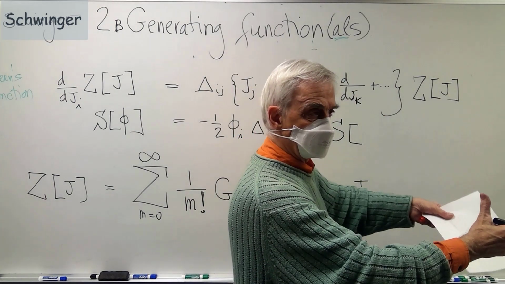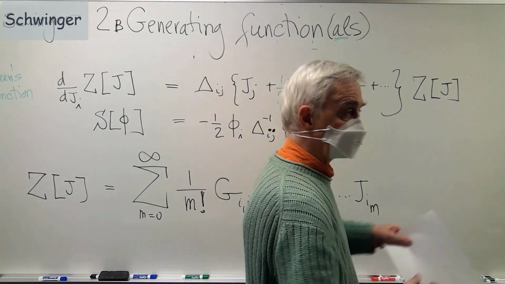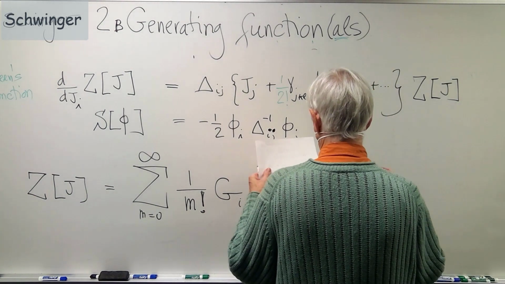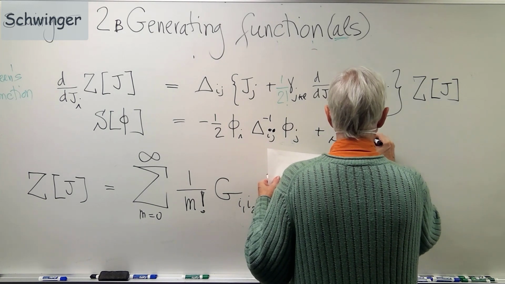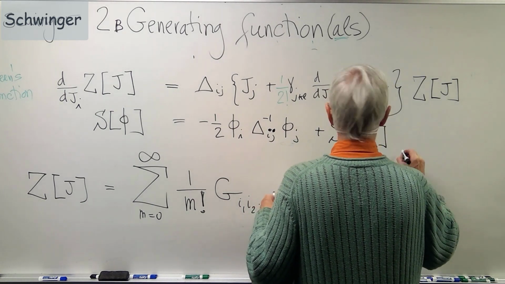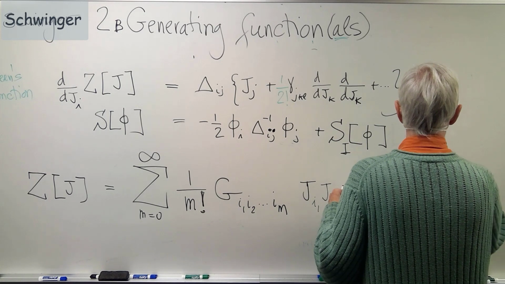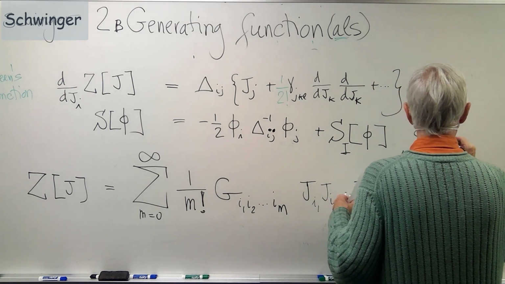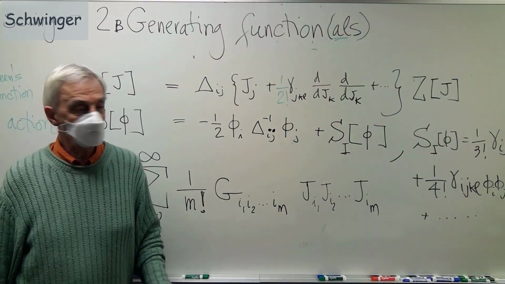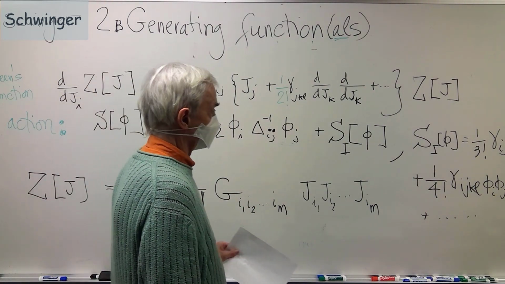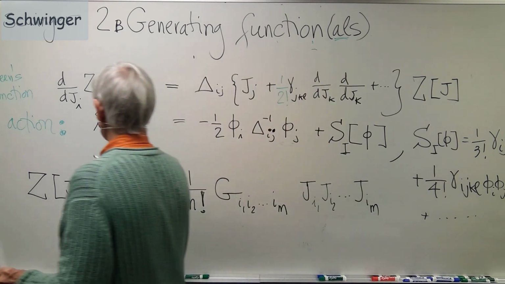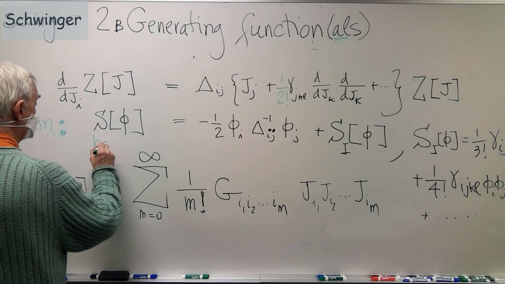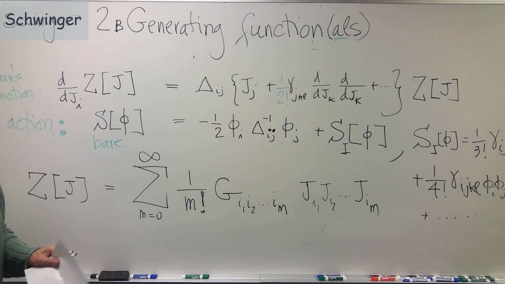So these are all these gammas that combine three or more fields together. Again, this interaction part is typically a short finite polynomial, or multinomial. So now that we have defined this function, what we can do is replace phi by the derivative with respect to j and get a compact form of the Dyson-Schwinger equation.